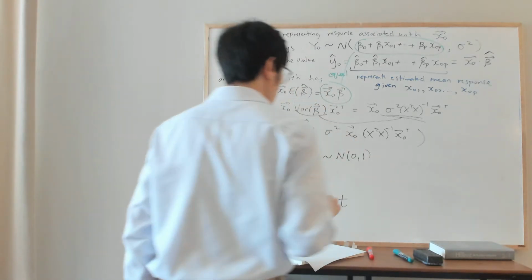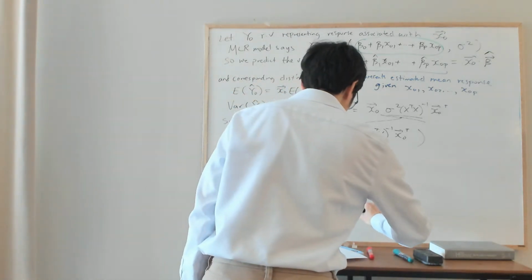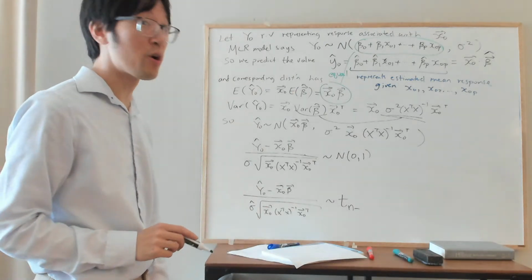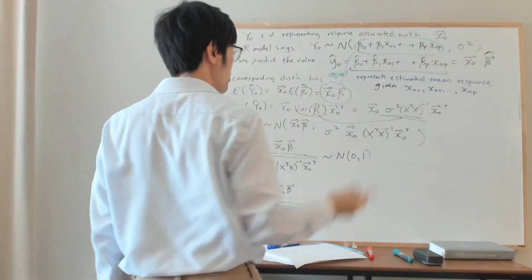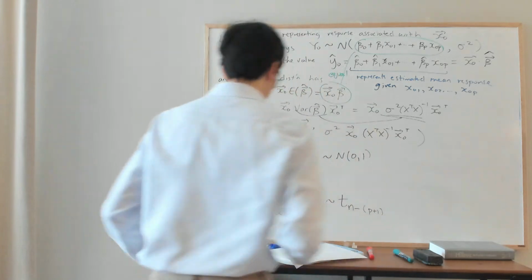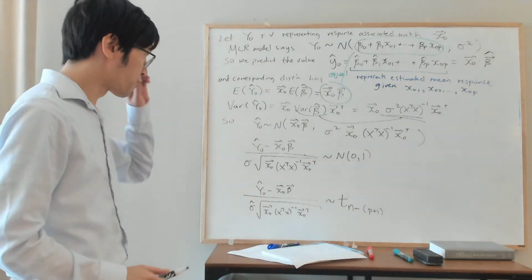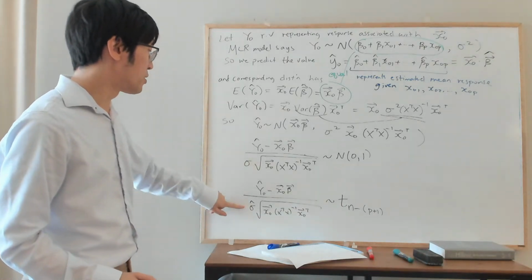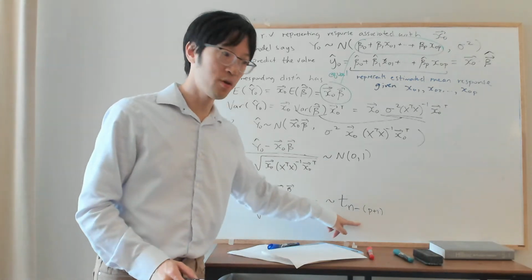Let's remind ourselves of degrees of freedom. It's the number of observations n minus the number of model parameters. The number of model parameters is p plus 1, because we estimated beta 0 and then beta 1 up to beta p. So that relationship holds for multiple linear regression as well. Let's plug in the estimate for sigma, and the normal becomes a t with the corresponding residual degrees of freedom.